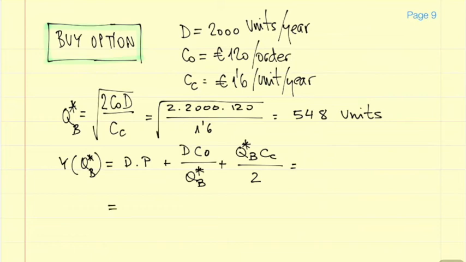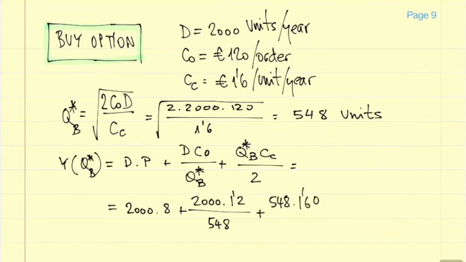This means 2000 times 8 plus 2000 times 120 divided by 548 plus 548 times 1.6 divided by 2.